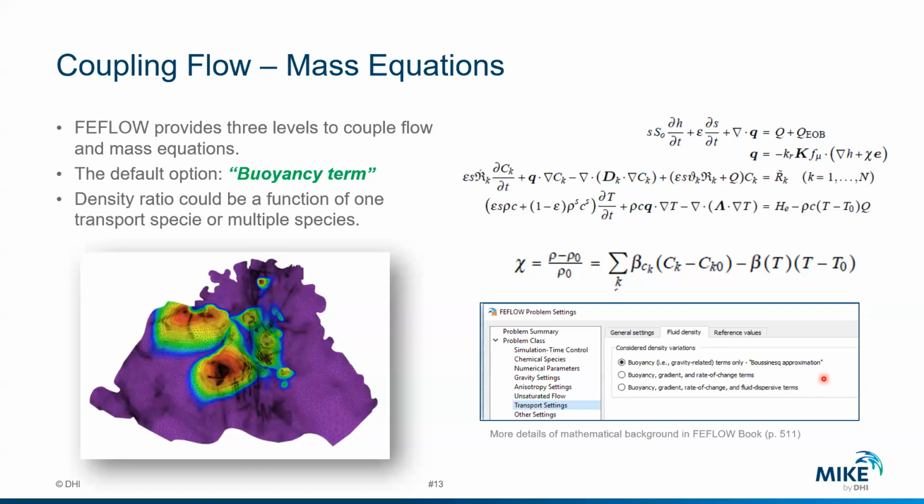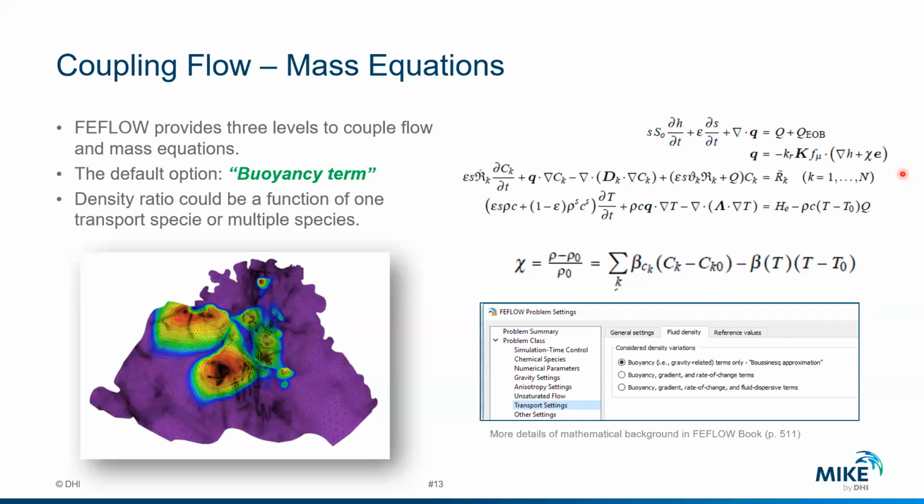Also, one thing that not many users know, because typically you do a mass transport problem with one individual chemical species, is that FEFLOW also supports multi-species transport. The second equation that you see here is the advection, dispersion, diffusion equation. This one will be solved for each individual mass transport species. And you can also say, I would like to include density-dependent processes.